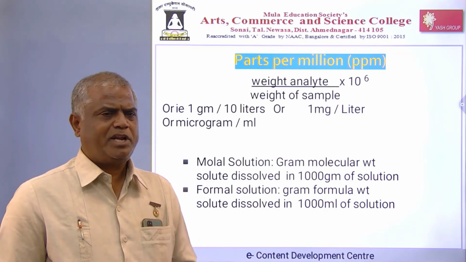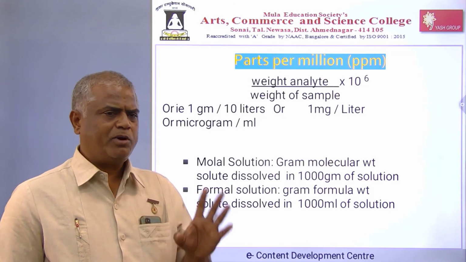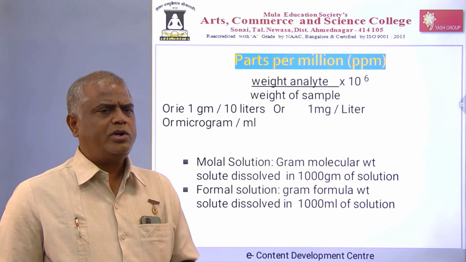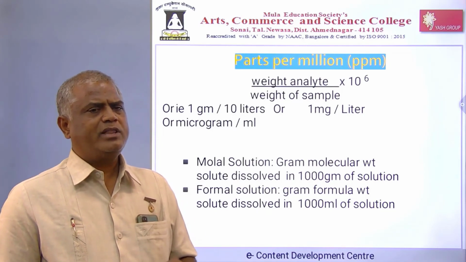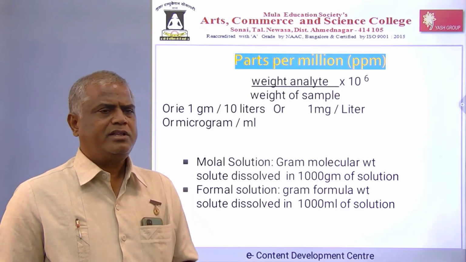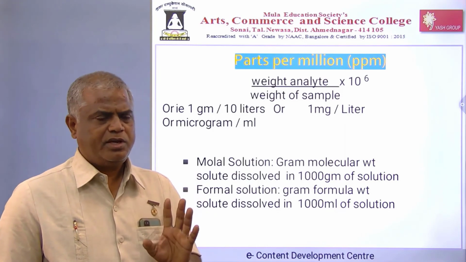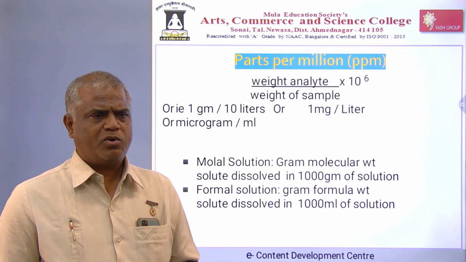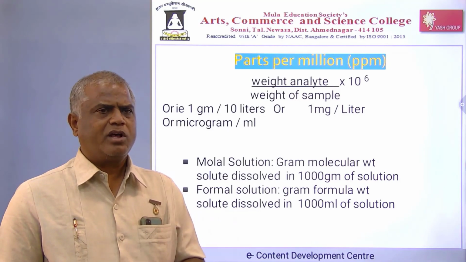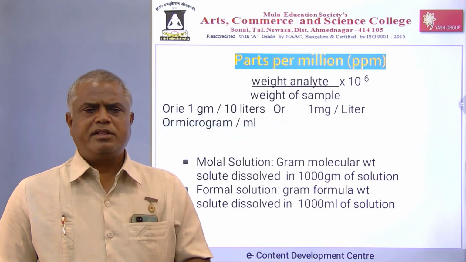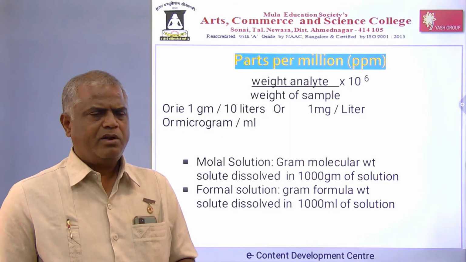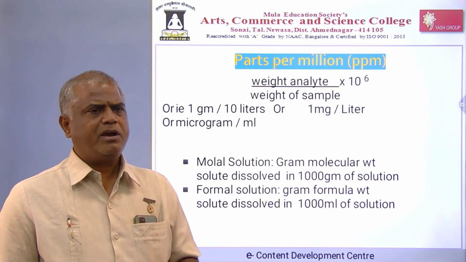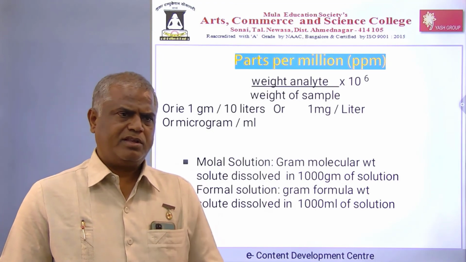The last method of expressing concentration is the formal solution: the gram formula weight of your solute dissolved in 1000 ml of solution is called a formal solution. These are the terms involved in volumetric analysis, the methods of expressing concentration. This is about my topic, volumetric methods of chemical analysis, that we now discuss. Thank you.